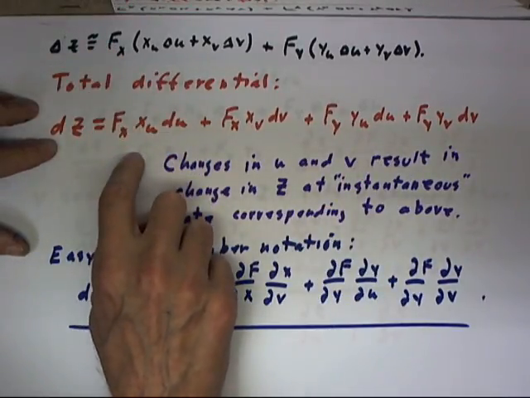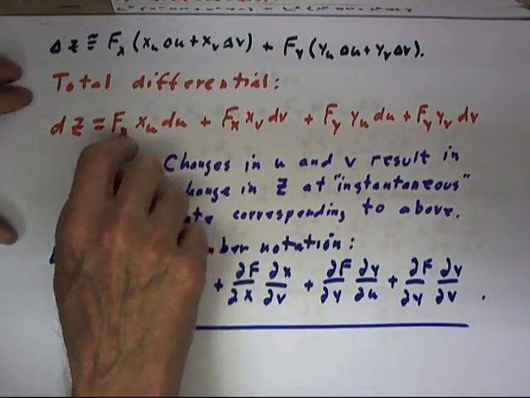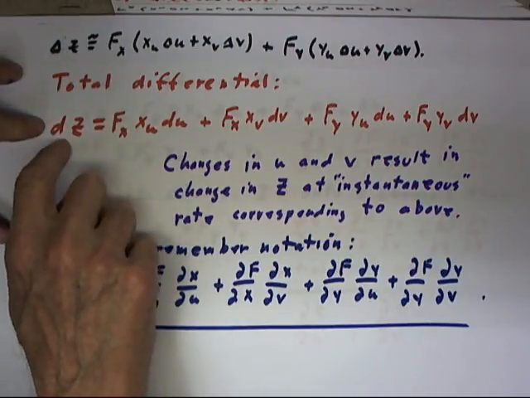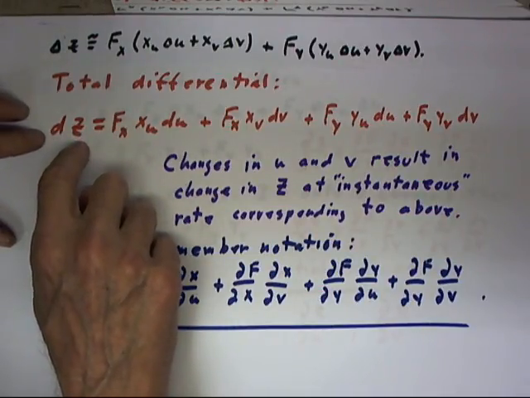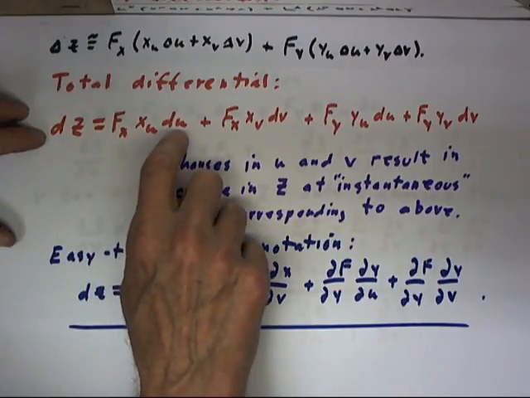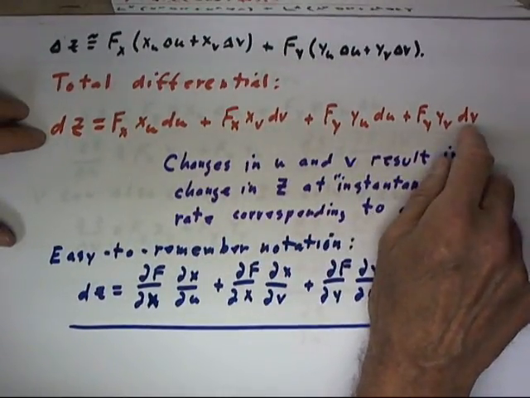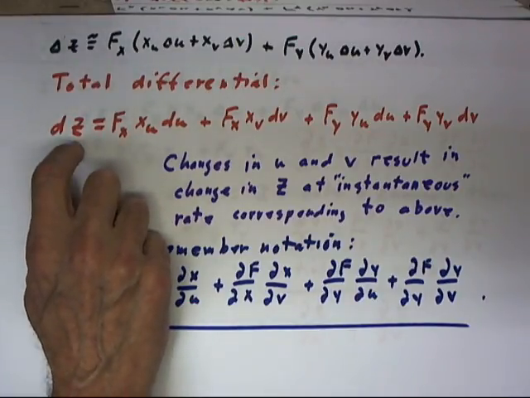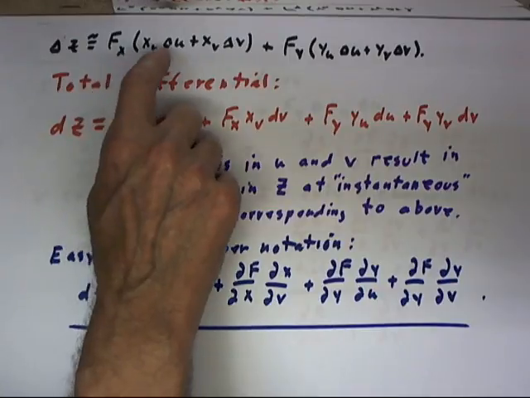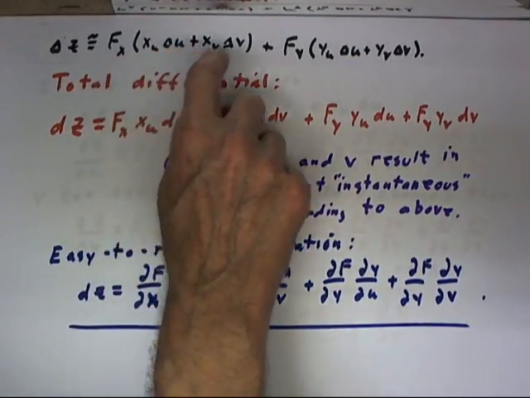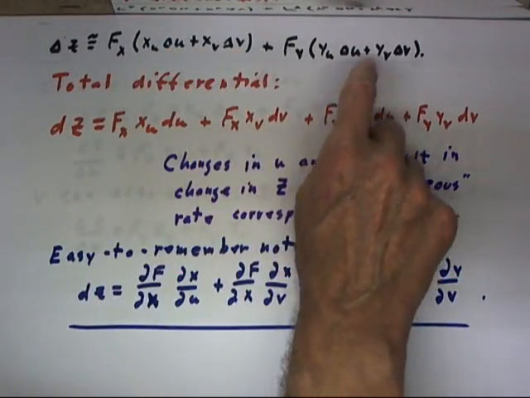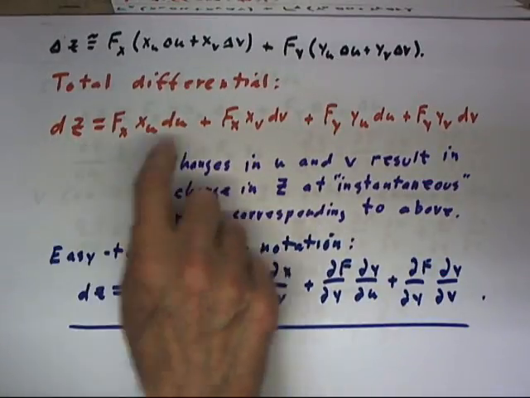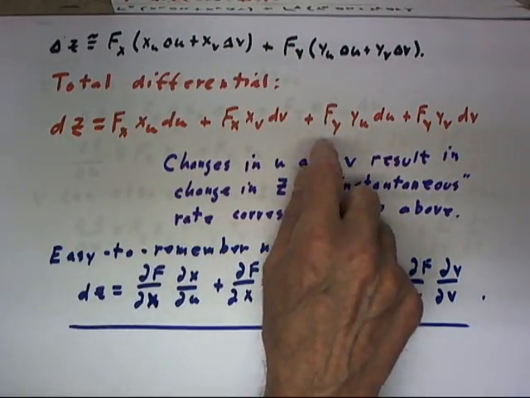And all you really need to understand at this point is that we're replacing the delta with a d, meaning that we're thinking in terms of very tiny changes in the u and v quantities, causing a very tiny rate of change in the z quantity. And it's very clear that if I just replace the delta u's and delta v's by du's, we accomplish something along those lines.